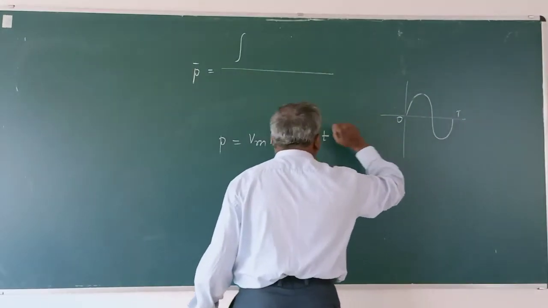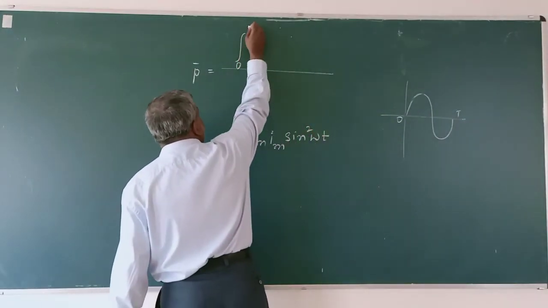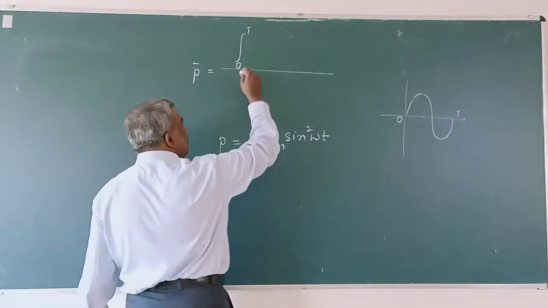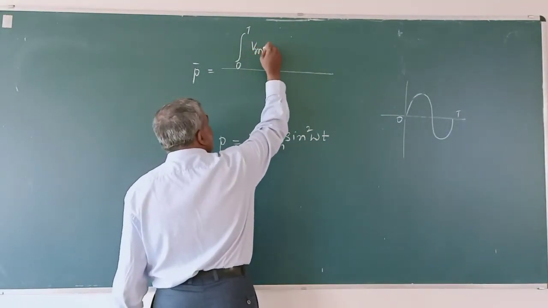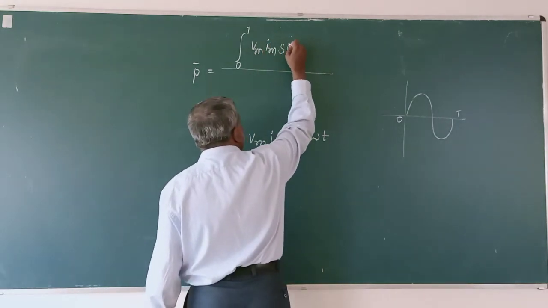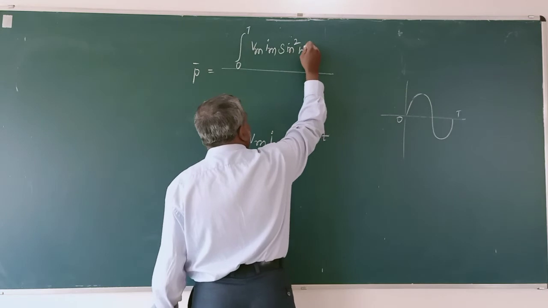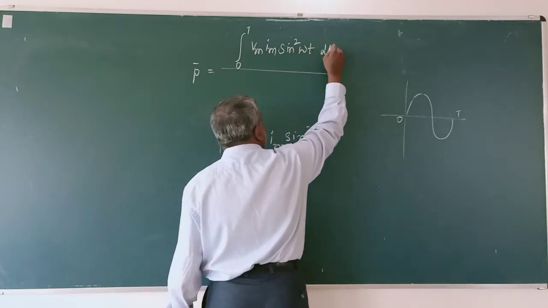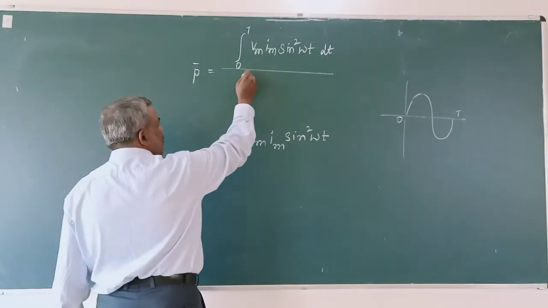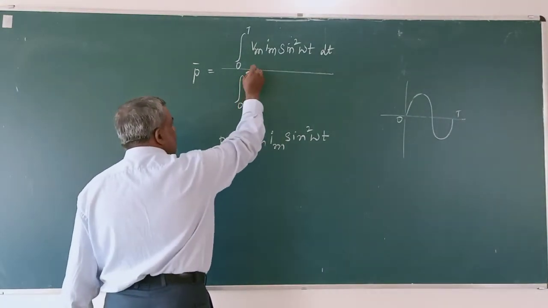From 0 to capital T. Now the integral from 0 to T of Vm Im sin square omega t into dt. The denominator also takes the integral from 0 to T of dt.